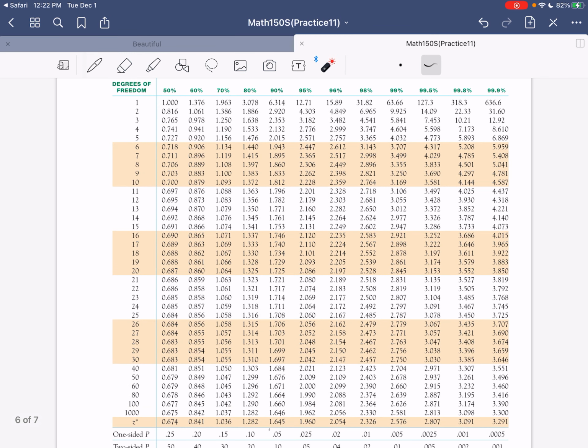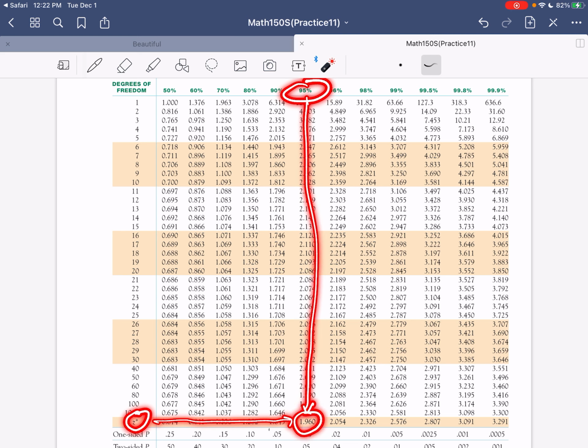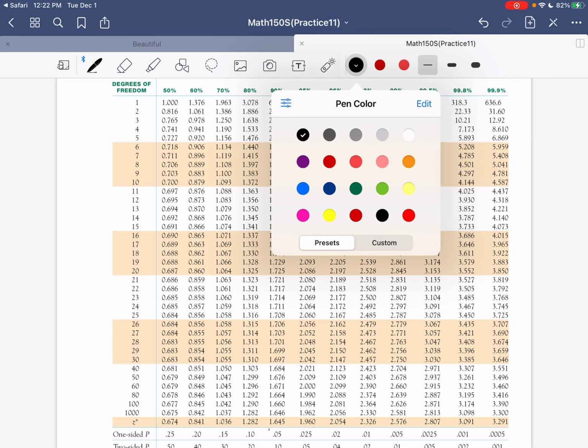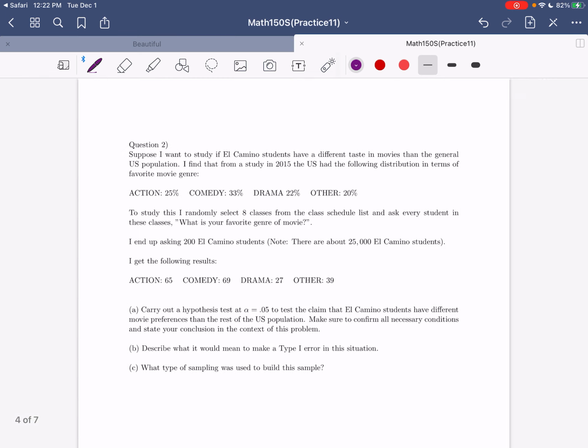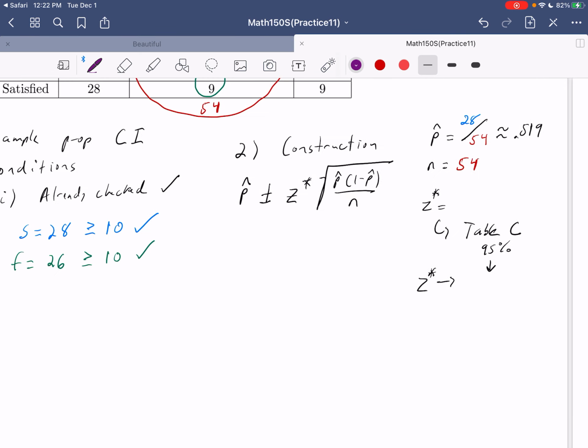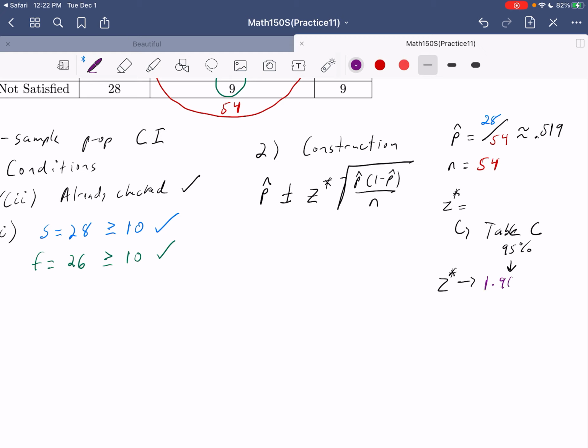There we go. There's 95% there. There's z star. We put those together, and it looks like we get 1.960. So we end up right there, 1.960. So that is our z star. All right, so we'll record that right there, 1.960.